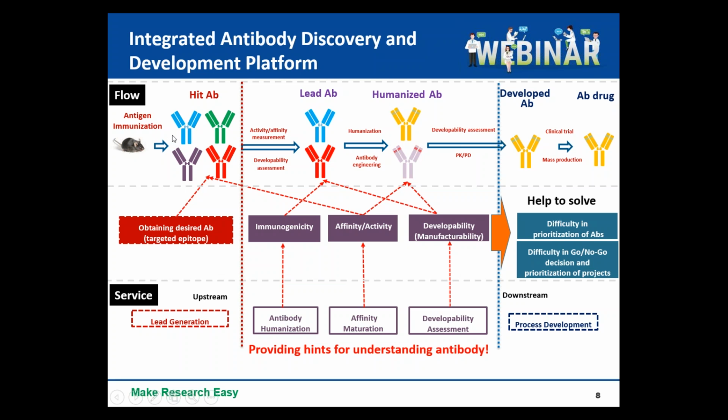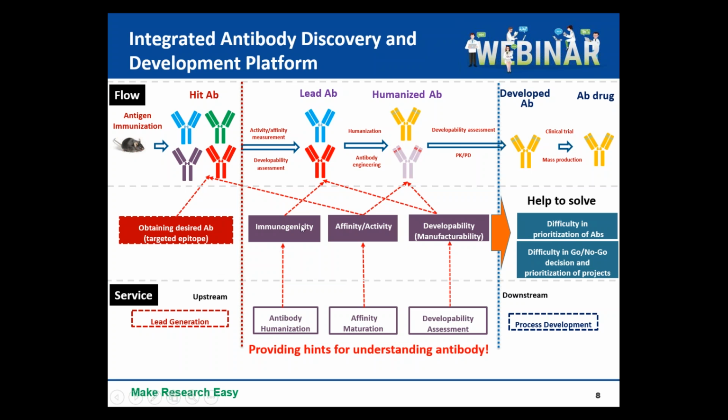In the therapeutic hybridoma approach, we identify hits, go from hits to leads, then humanize the antibodies, go through the development process, and get the antibody drug. In the case of hits, the idea is to get a desired antibody with a paratope that can identify the target epitope on the antigen. We offer the lead generation service, which is an upstream service. And as you go from hit to lead, there are various parameters that come into play.